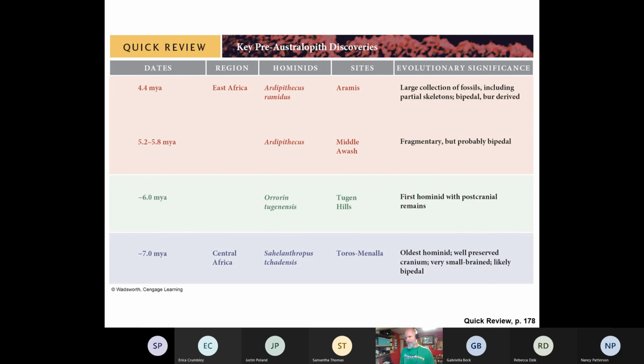And Orrorin was a massive finding, is what we'll talk about, at 6 million years ago. Ardipithecus, another really large landmark finding as well. When I say Orrorin is a massive finding, it was small in representation as far as one individual, but it was massive in what it established. Ardipithecus, and then Ardipithecus ramidus, these names are important.